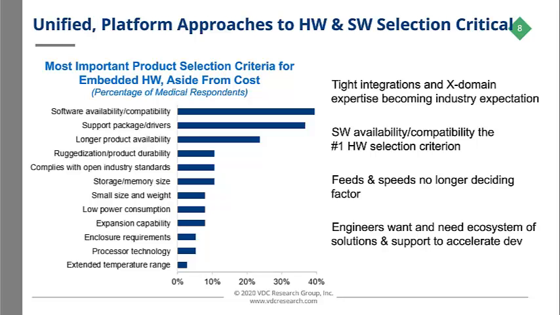If you look at the list of the most important characteristics, you can see that software availability and compatibility is the number one hardware selection criterion. And so now we're in a position where those tight integrations and cross-domain expertise from hardware to software are becoming the industry's expectation, if not already today, the expectation of those market leaders.